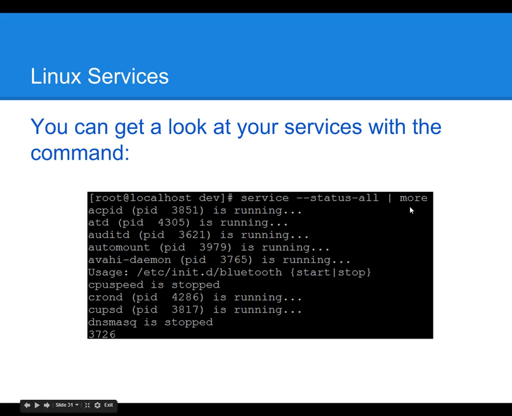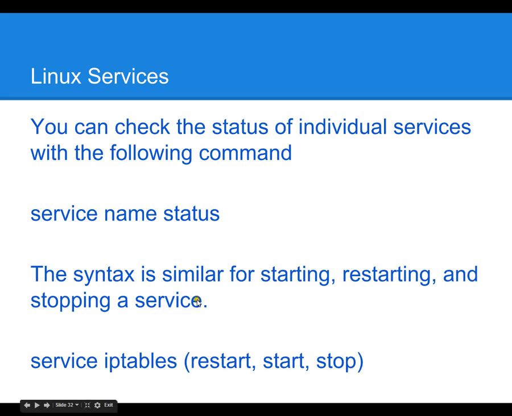Here is an example of that. If you want to restart or stop a service, the syntax is very simple and similar. For example, if we wanted to do any of those to iptables, we would type service iptables restart or stop, start or stop.